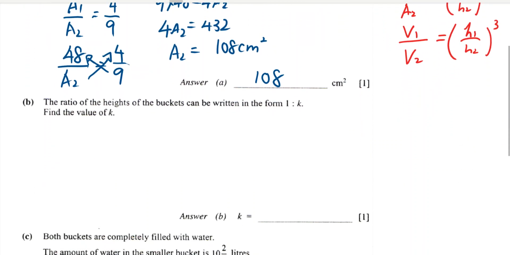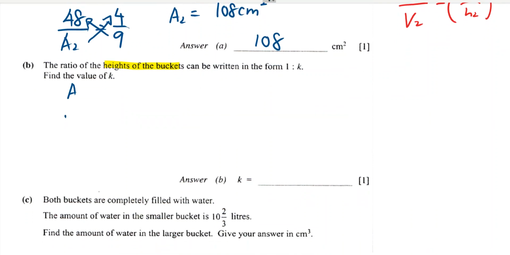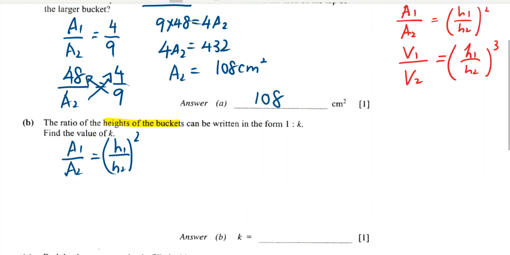The ratio of the heights of the buckets can be written in the form of 1:k. So now they want the height. Again we write the concept: A1 over A2 is equal to (h1 over h2) squared. At the start, what did they give you?